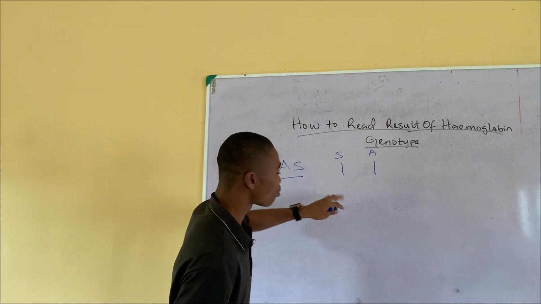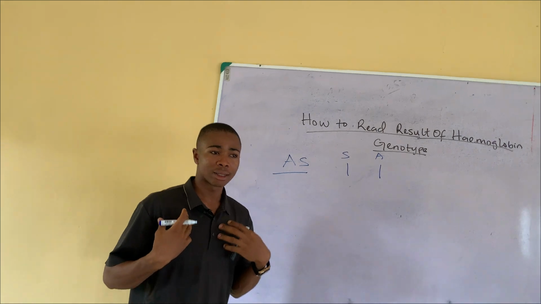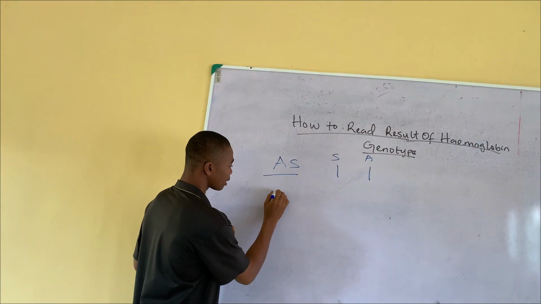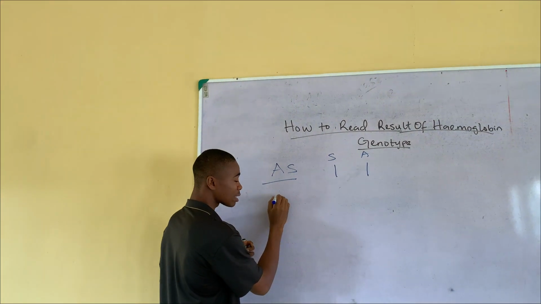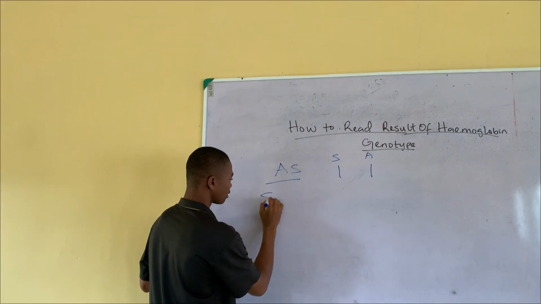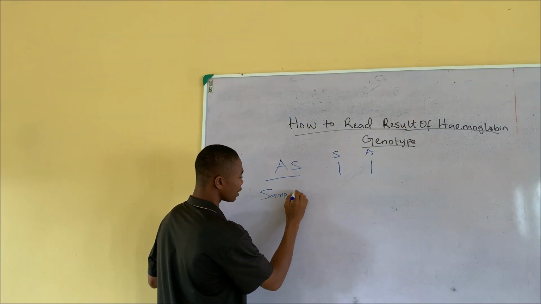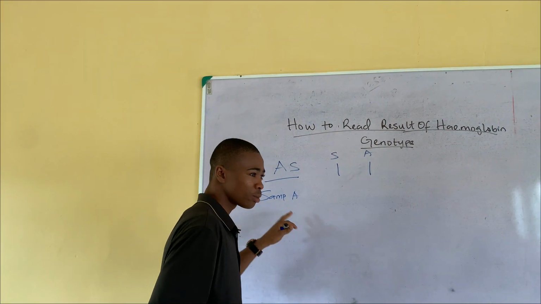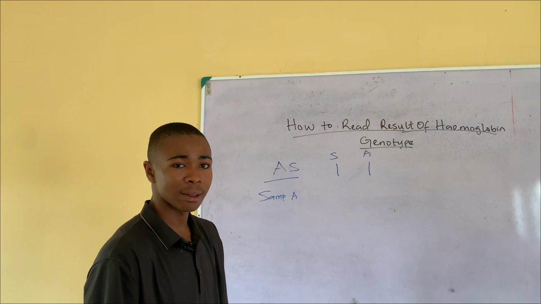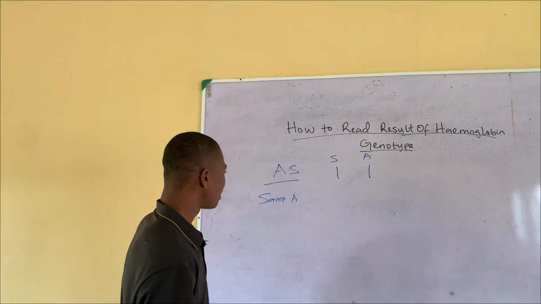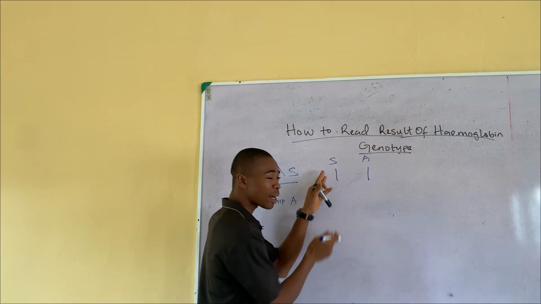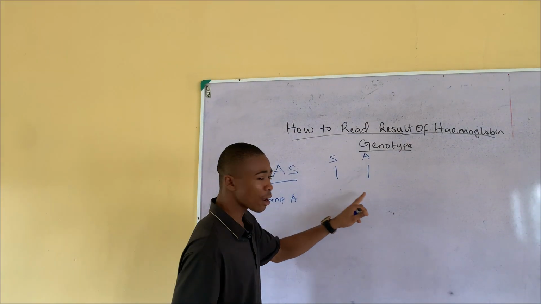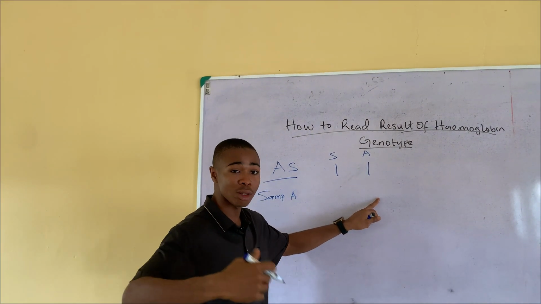So coming to my samples. Let's say I gave a sample, sample A. This is my first sample, and if this sample happens to be AA, it will migrate and it will not fall directly under S. It will have a thicker band because it is not separating.